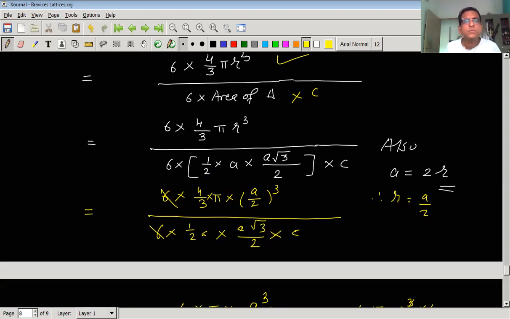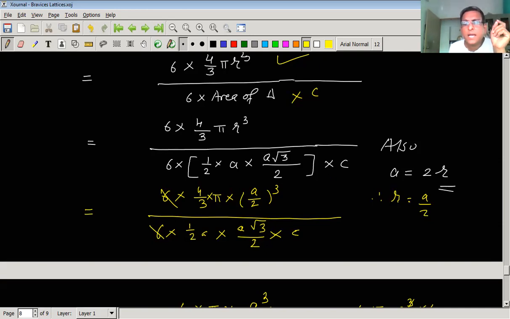Area of a triangle is half into base into height. So base is A, half A into height of the triangle, A root 3 by 2, into height of the entire unit cell, that is C.